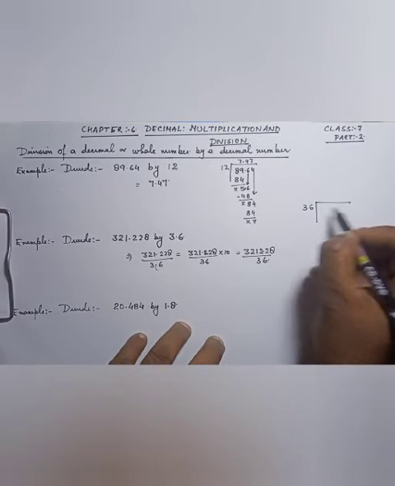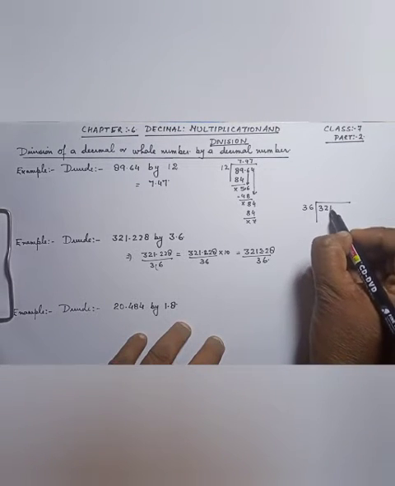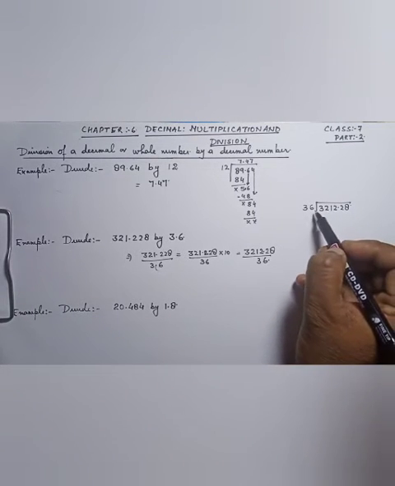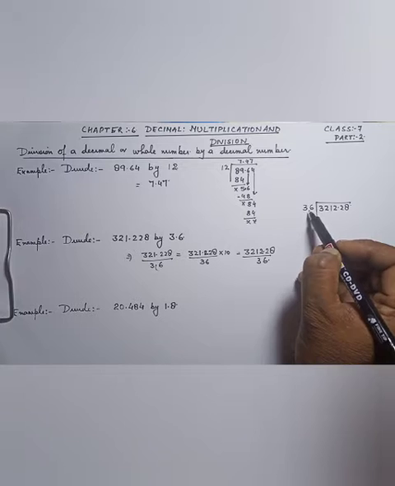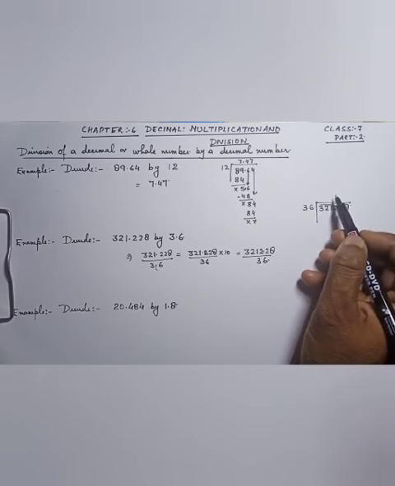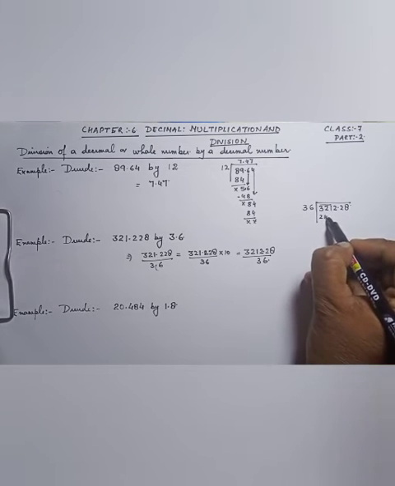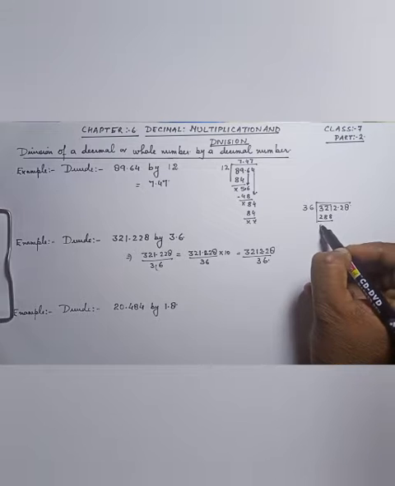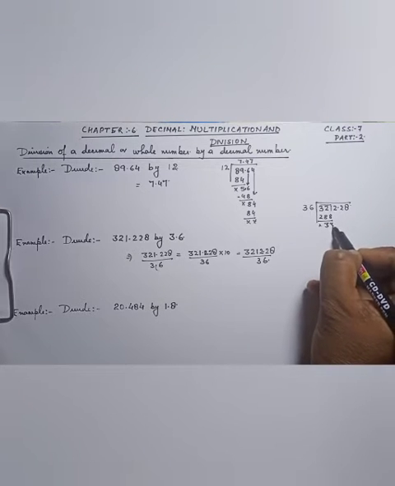36 divided into 3212.28. 32 is less than 36, so I am going to take these three numbers together. So 36 eights are 288. What is the remainder? 33.